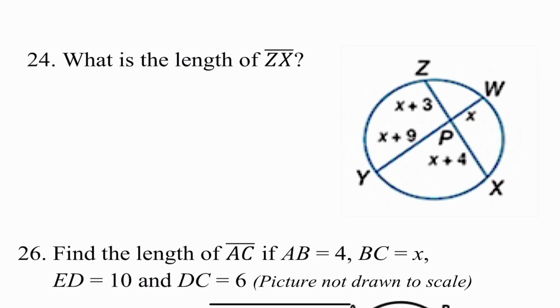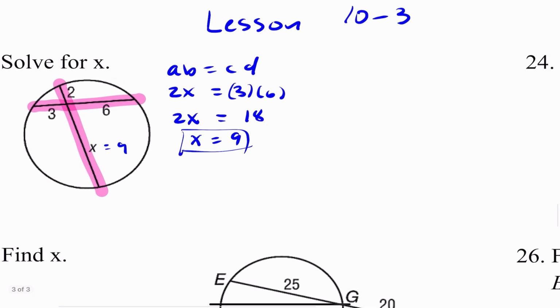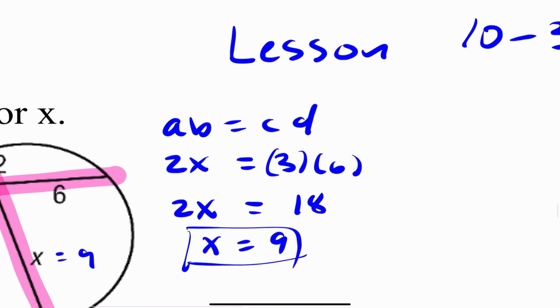Number 24, what is the length of segment ZX? Okay, so I've got to figure out what segment ZX is, and we're dealing with two intersecting chords again. So you will be using AB equals CD.